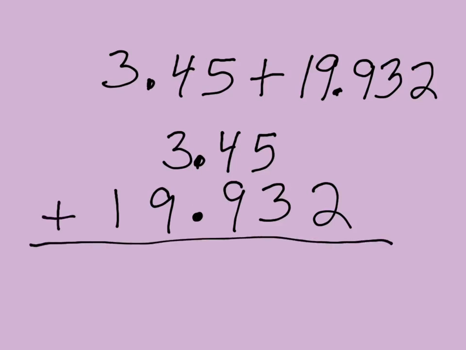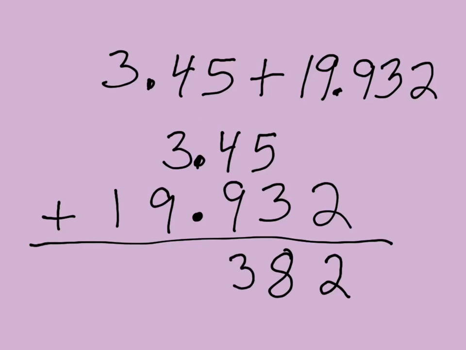Now some people like to put in a 0 for the placeholders right there. I personally don't like to do that, but you do whatever works for you. So nothing plus 2 is 2. 5 plus 3 is 8. 4 plus 9 is 13.